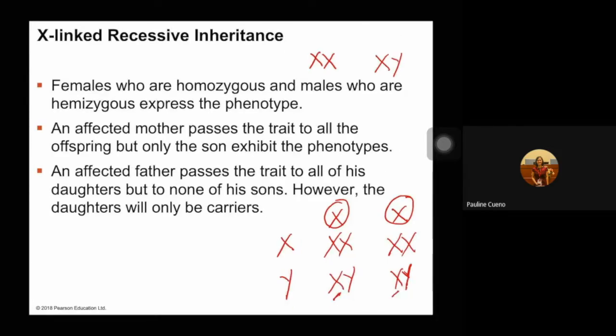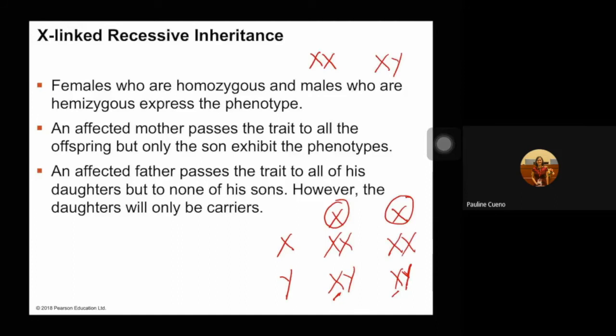And then, bakit yung mga babae hindi ma-exhibit yung phenotype? Kasi yung dalawang X chromosome ng girls, one will be coming from the mother, let's say kung affected man siya, recessive, if the father is dominant. So, pwedeng mamask ng dominant allele yung recessive allele ng mother. Okay? Kasi dalawa yung X chromosome ng babae.